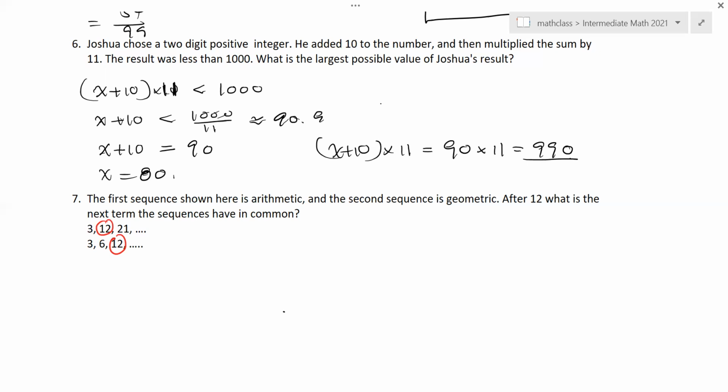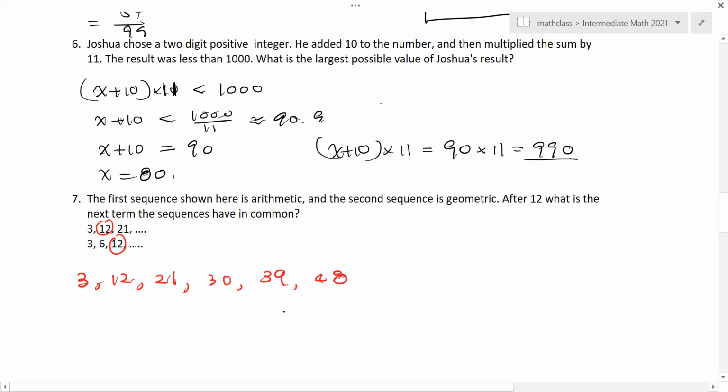So, let's write down the first one. It increases by 9 each time, so it's going to be 30, 39, 48, 57. Keep it going.